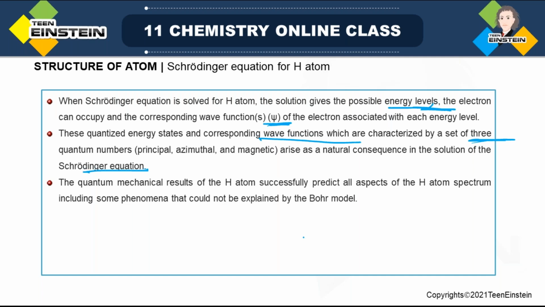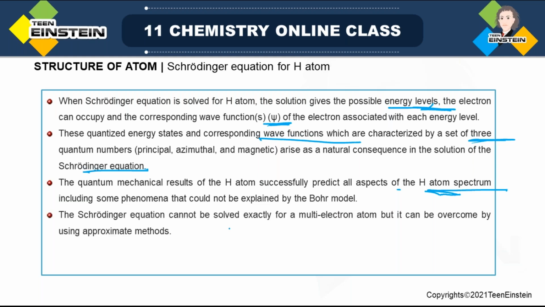These quantum mechanical results for the hydrogen atom successfully predict all aspects of the hydrogen atom spectrum. We have talked about the spectrum of hydrogen atom, where there were some phenomena that we could not explain by the Bohr model, but if you apply this quantum mechanical model, even those phenomena can now be explained successfully.